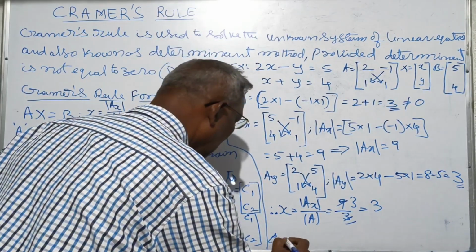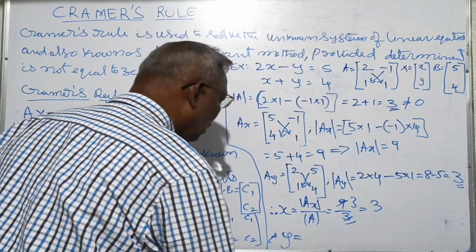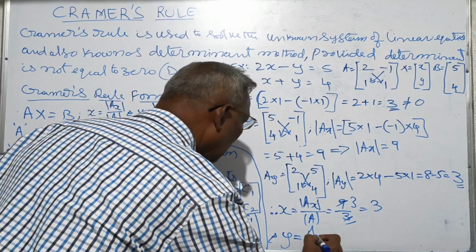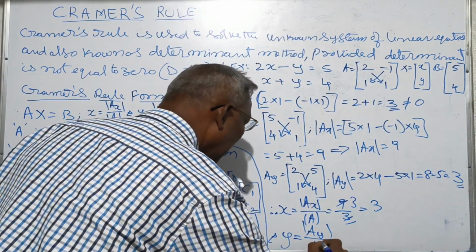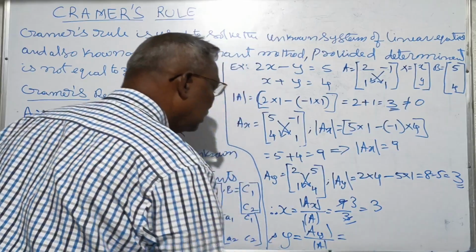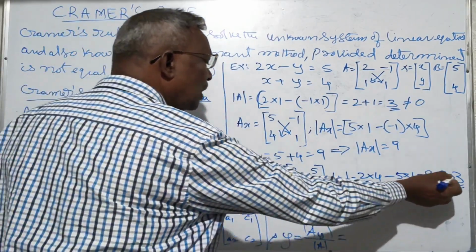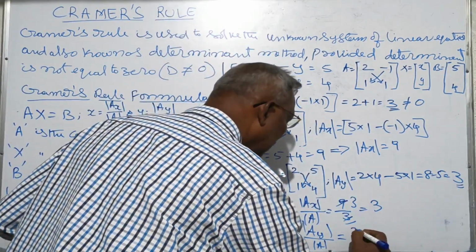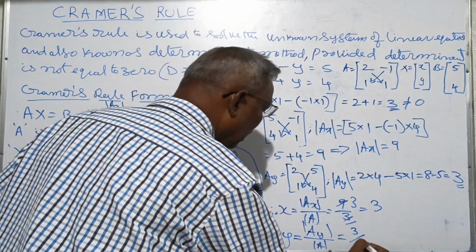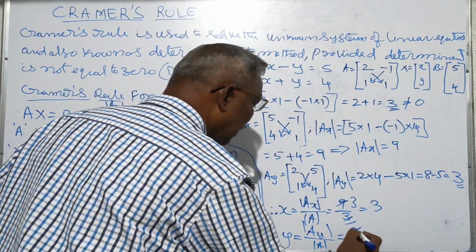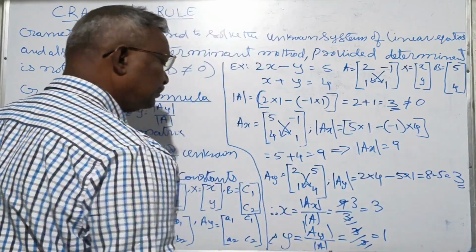And y is equal to determinant of AY by determinant of A, that is equal to determinant of AY, how much? 3, by determinant of A, 3, that is equal to 1.